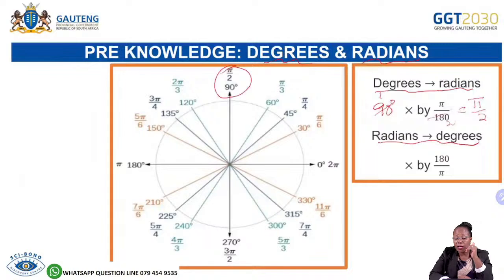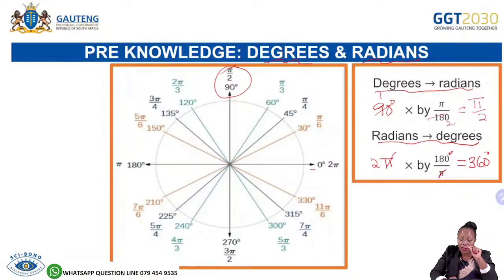The same applies with the radian to degree now. You now multiply by 180 over pi radians. For an example, let's say we are taking 2 pi radians. We want to change this into degrees. That means now you must multiply by 180 over pi radians. And then now the pi radians will cancel the pi radians. We are left with 2 times 180, which is 360 degrees. Do you see, grade 12?